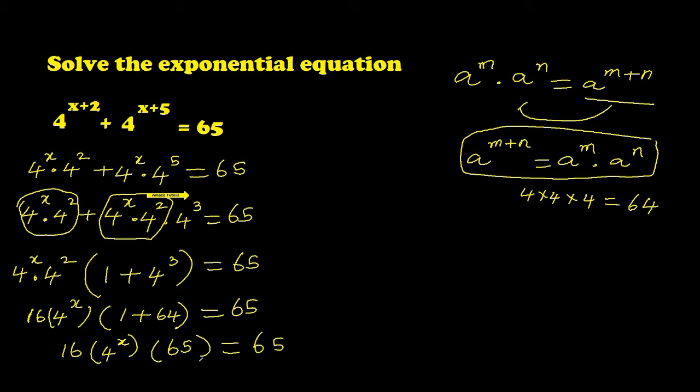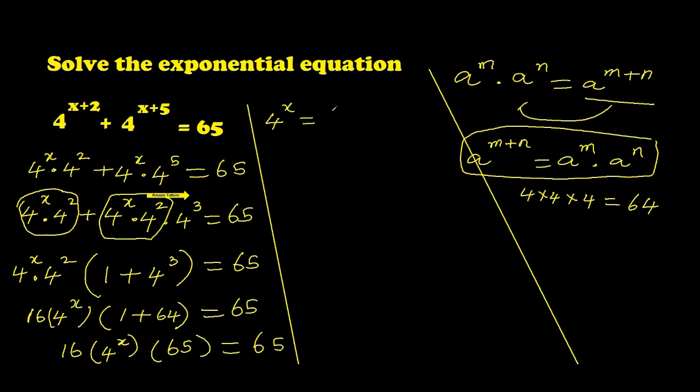Now I am taking all the constants, the numbers, to the other side because I want only x. So 4 power x, as it is already multiplication, when you take it to the other side, it will be division. 16 is also there, 65 is also there.